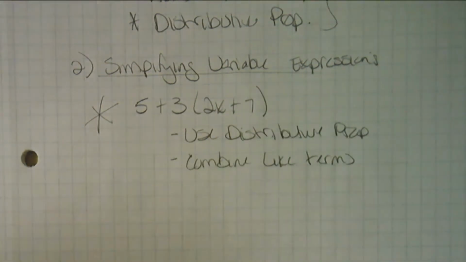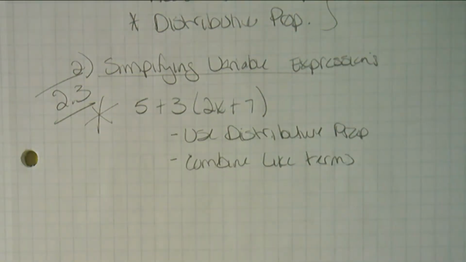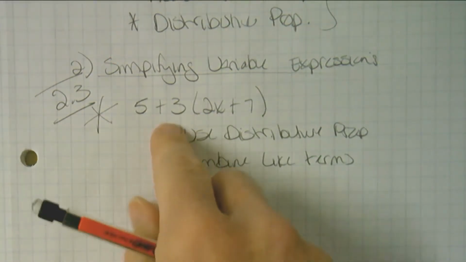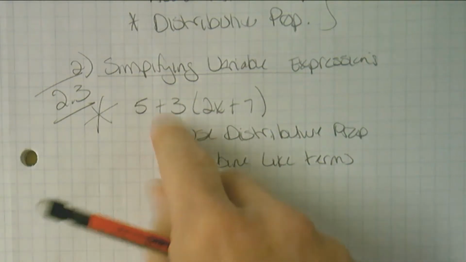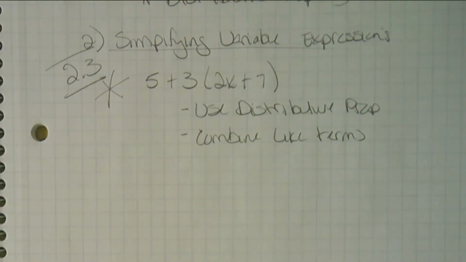This is from section 2.3. So go back into 2.3, kind of practice a couple more. If we don't have very many of them in the chapter review, go back to those, practice a couple more of those. I think we had some of those on a homework quiz.